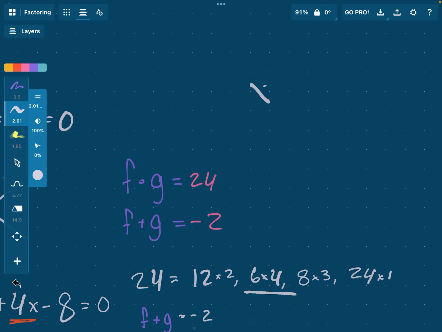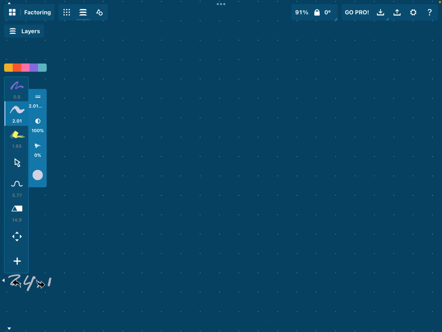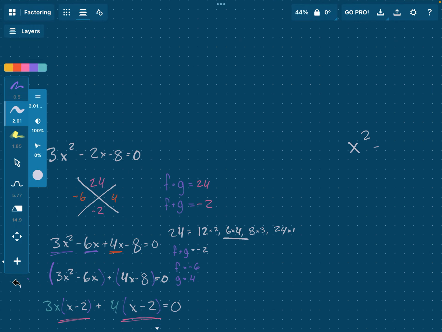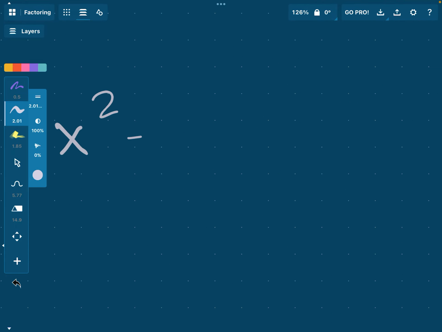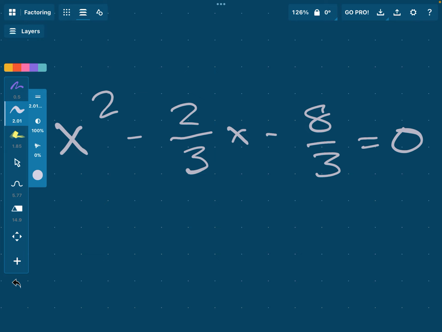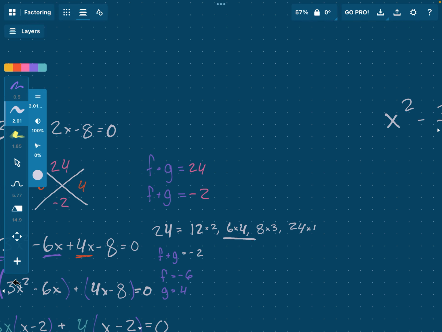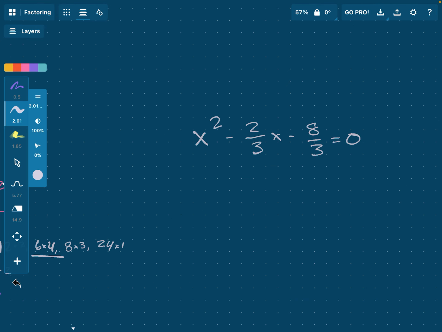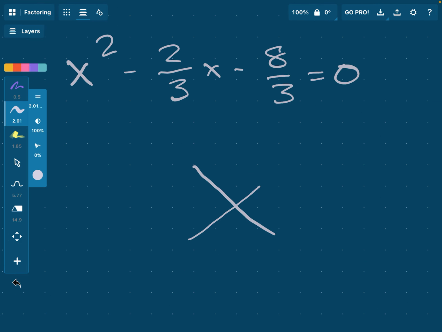So we end up with x squared minus 2 over 3 x minus 8 over 3, and this is equal to 0. So you can still do the same process here as we have been. So we have negative 8 over 3, and we have negative 2 over 3 as well.